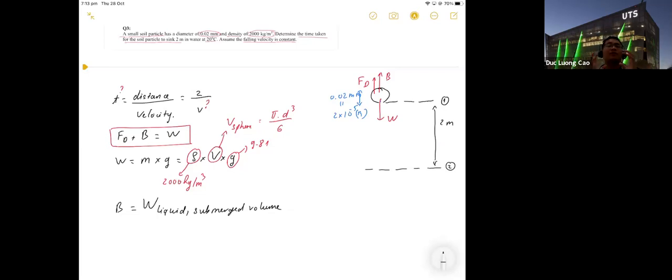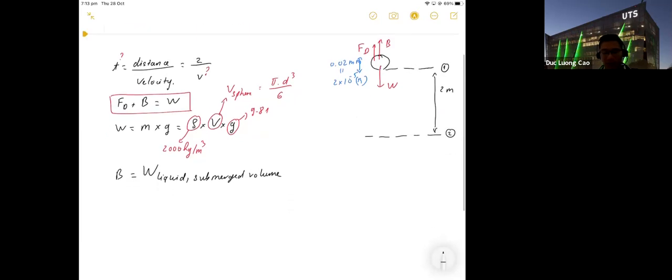So in this case, we can assume we have another particle made by liquid. The weight of liquid in the submerged volume equals the weight of the water in the particle volume.